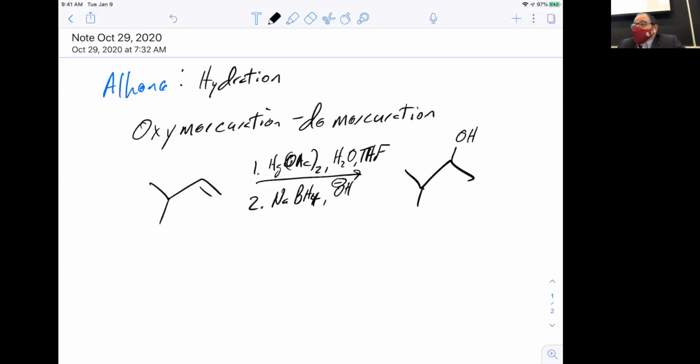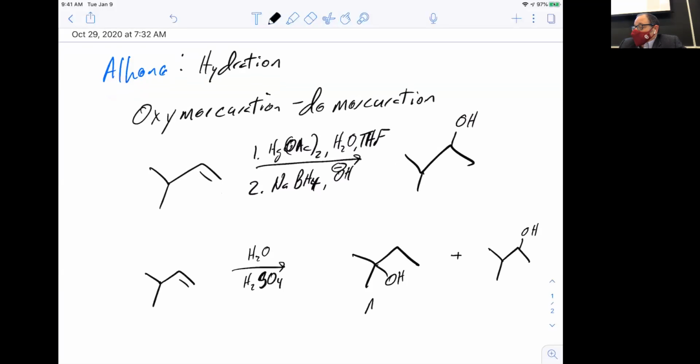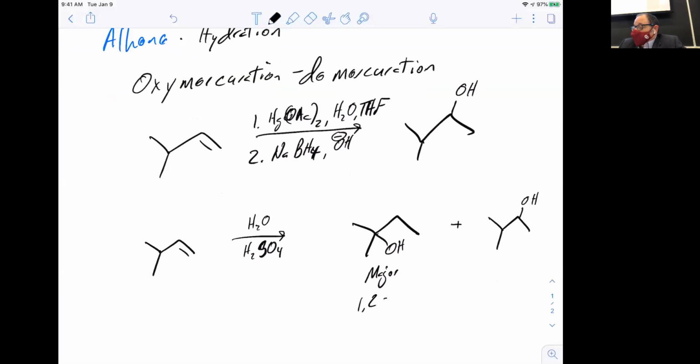Now, the reason we'd use oxymercuration demercuration is that if we had done the same reaction in water and acid, we would have ended up with the major product from a 1,2 hydride shift.